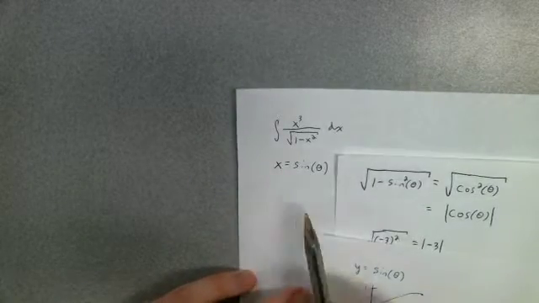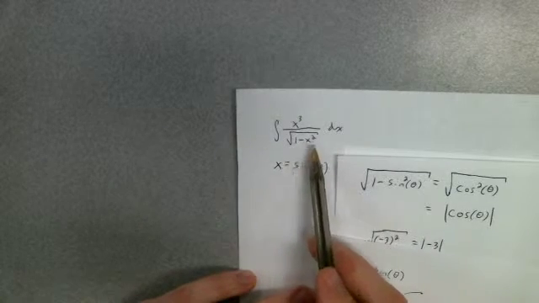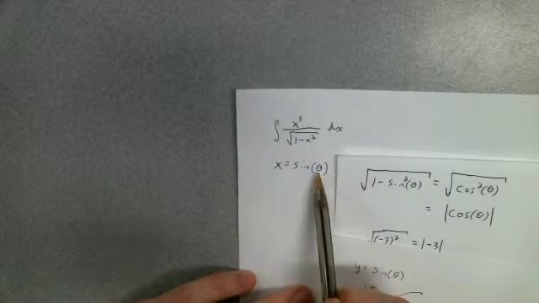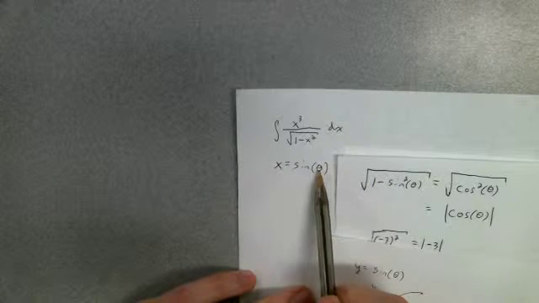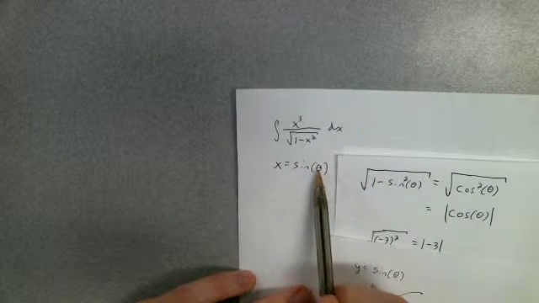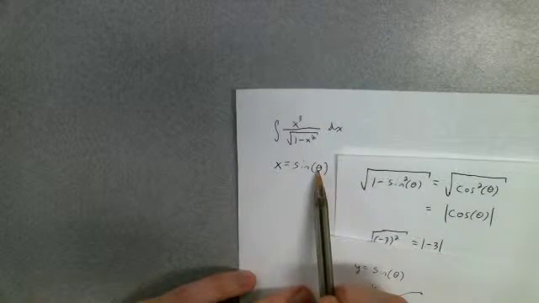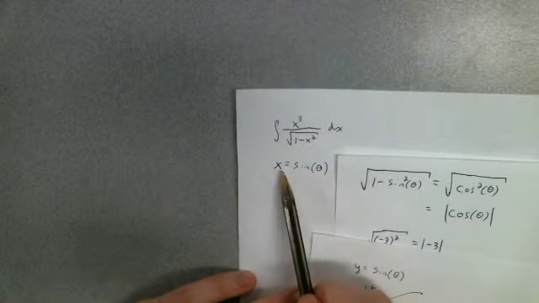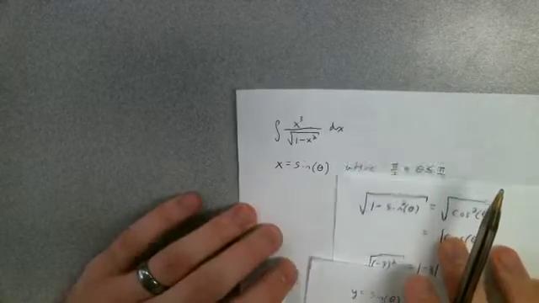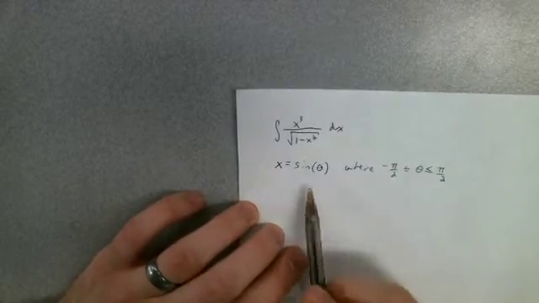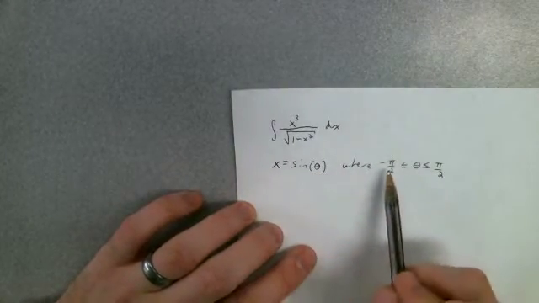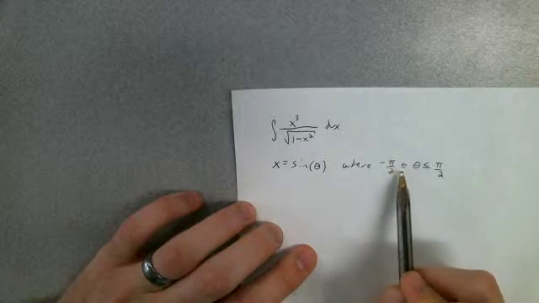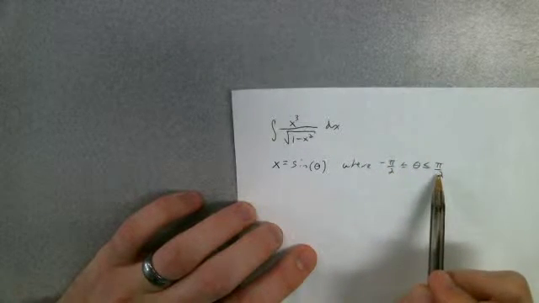So remember, the domain of our function here was x values between -1 and 1. Well, if we choose the correct angle between -pi/2 and pi/2, then sine of that angle will actually give you x. So we can let x equal sine of theta, where theta is some angle between -pi/2 and pi/2.